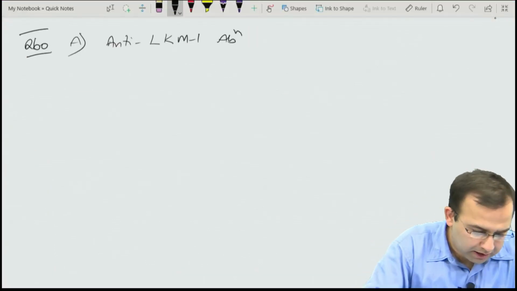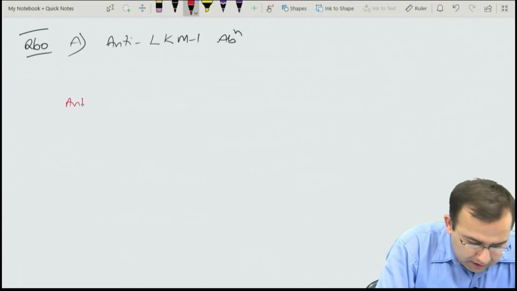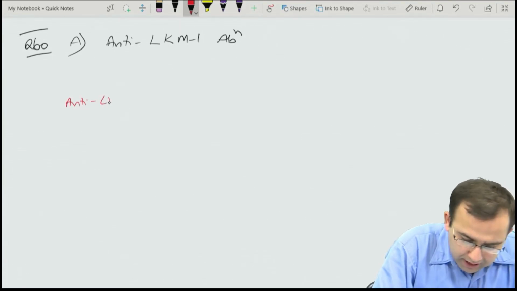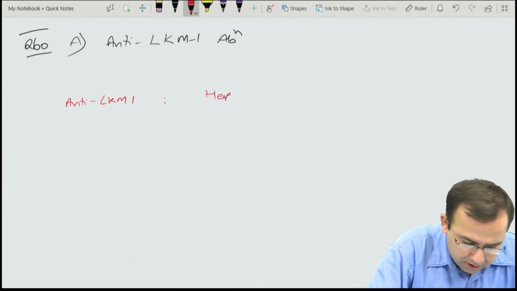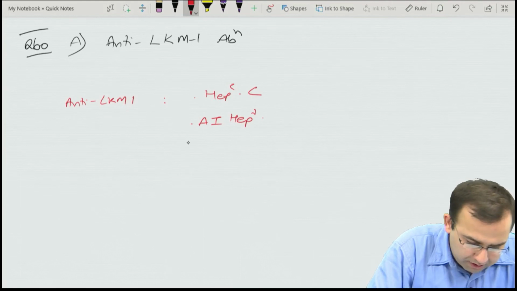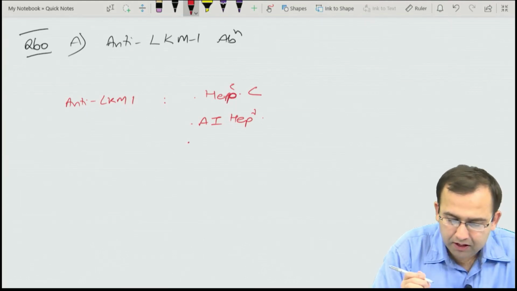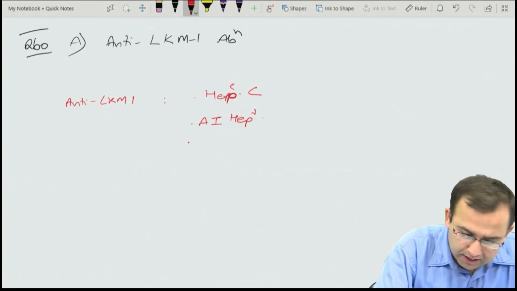Let us have a look at this in slightly more detail. Anti-LKM1 antibody is associated with hepatitis C, autoimmune hepatitis, and of course the chronic hepatitis, the most common cause being hepatitis C.